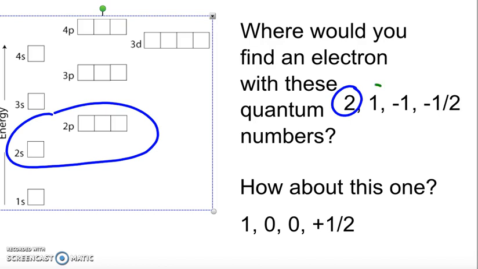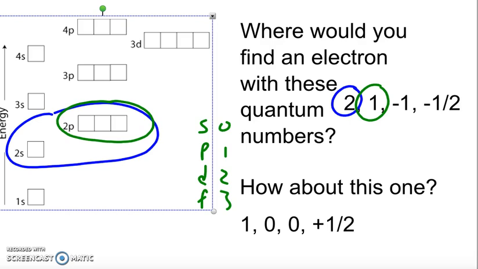The second number of 1, remember s, p, d, f is 0, 1, 2, 3, means we are now looking specifically in the p sublevel. -1 puts it here. And -1/2 means we are looking at that down arrow. I should have written that a little further to the right in that box, but it's the down arrow those numbers are referring to.